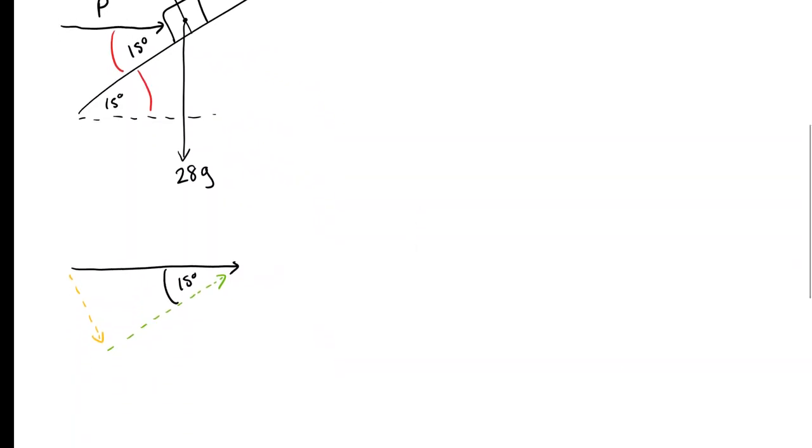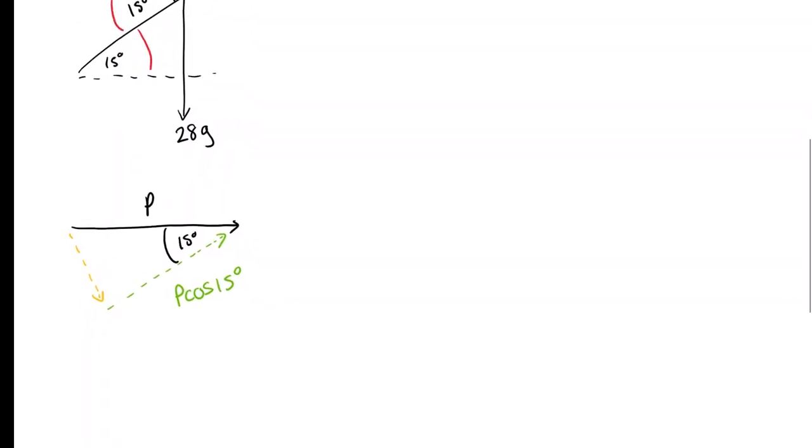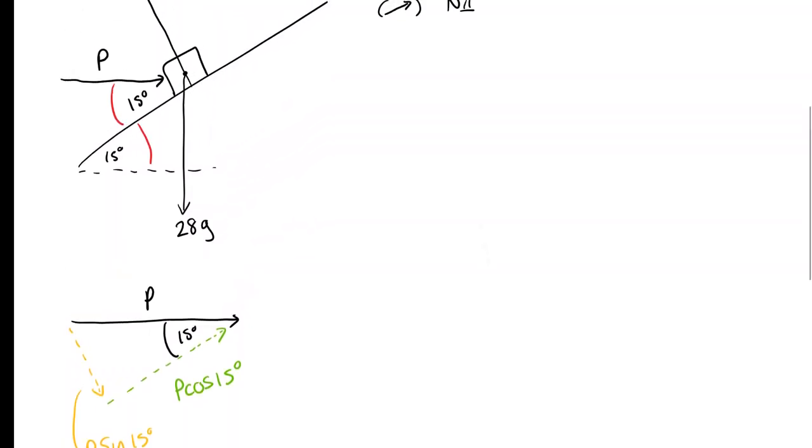So the green component here, the component that acts along the slope, is the adjacent. So we would deal with P cos 15 degrees there. The full force there is P. The other component, the one into the slope, the yellow one, would be P sine 15 degrees. Sine because it's the opposite in that triangle of forces.